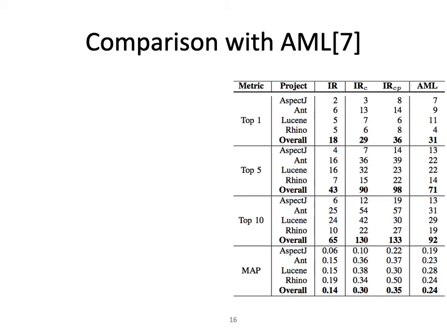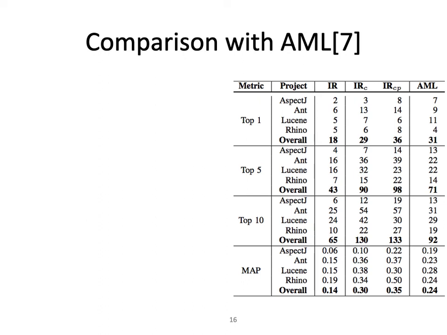Finally, we compared our combination approaches with AML, the state-of-the-art hybrid approach which combines an IR-based bug localization technique and a spectrum-based bug localization technique. There are mainly two differences between our research and AML. First, AML contains a very complicated algorithm to combine the two kinds of information. However, in our research, we mainly focus on simple ways to combine information.